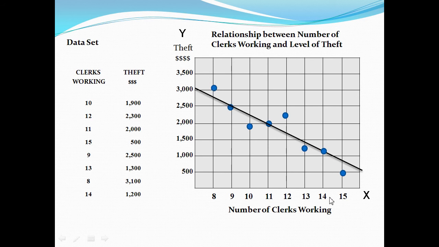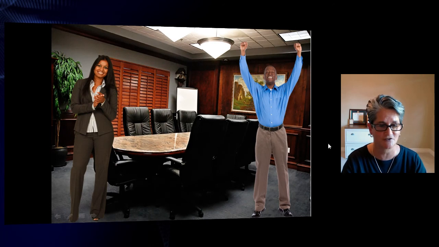When we have 14 or 15 clerks working, theft was $500 to $1,500. By having more clerks on duty, you're going to be able to reduce or cut theft in half. Way to go! Your boss is very impressed with your performance and your ability to use statistics to help your department store find a quick solution to shoplifting. This could lead to that promotion sooner than you think.